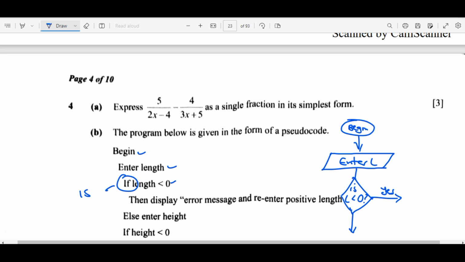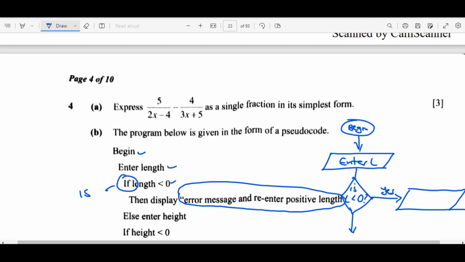Here, because we are displaying, it is a parallelogram shape that we have to use, and then we write everything starting from here: error message and re-enter positive length.